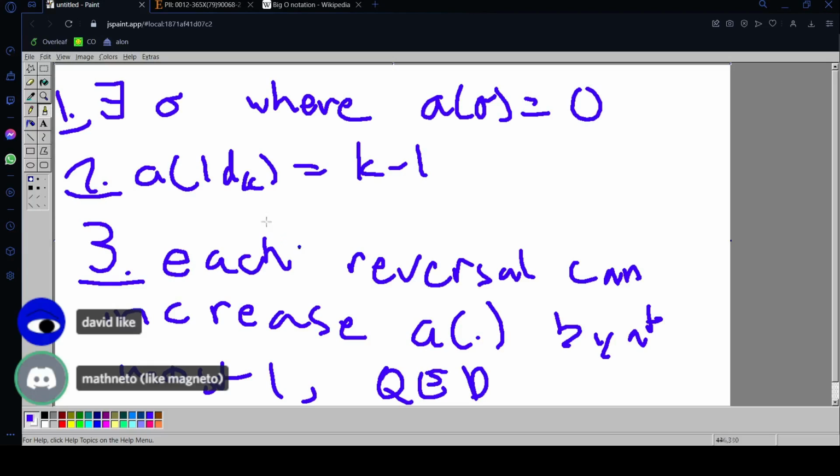QED. So you just string these things together, and you quickly see that it implies that f of k is at least k minus 1.